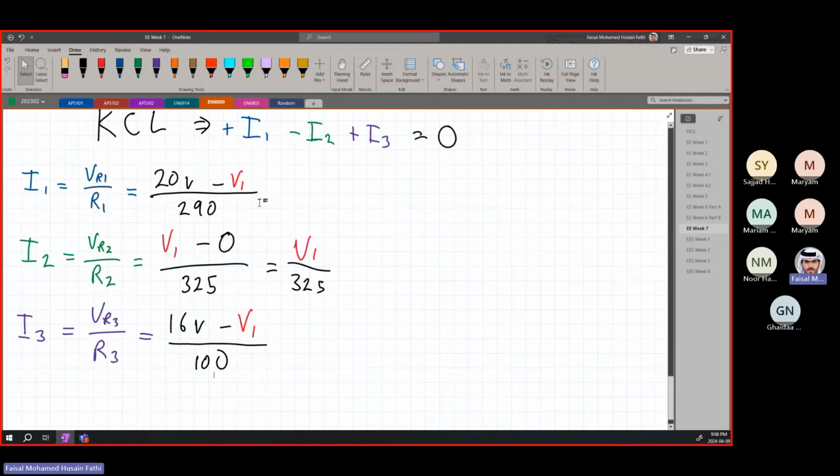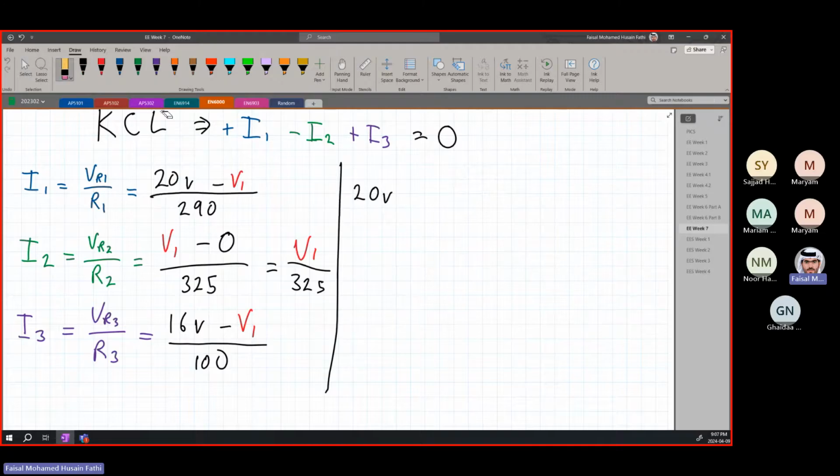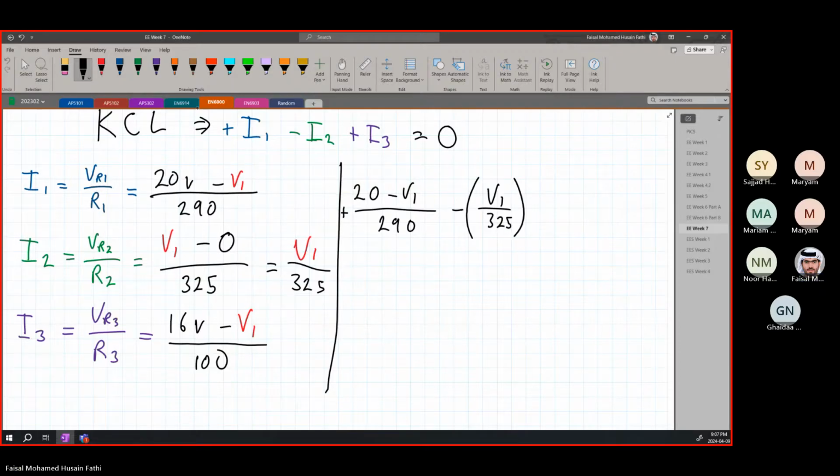And now we plug all of these into that equation over there. So we have I1, which is 20 minus V1 over 290, minus V1 over 325 for I2, plus 16 minus V1 over 100, is equal to 0.